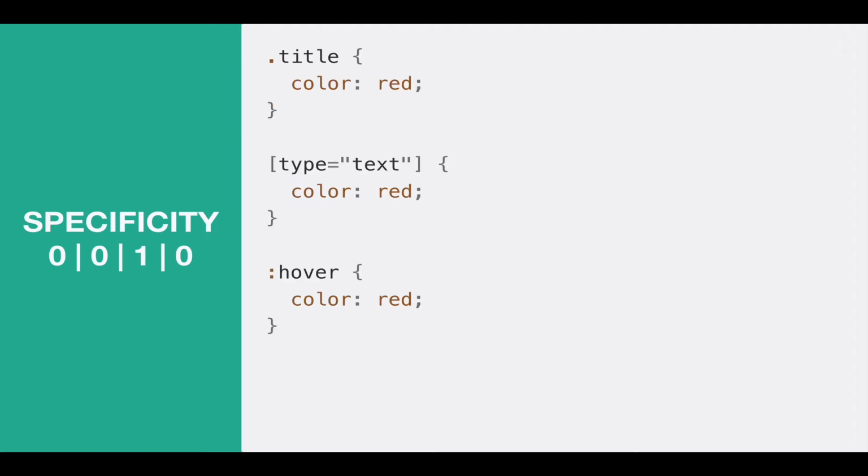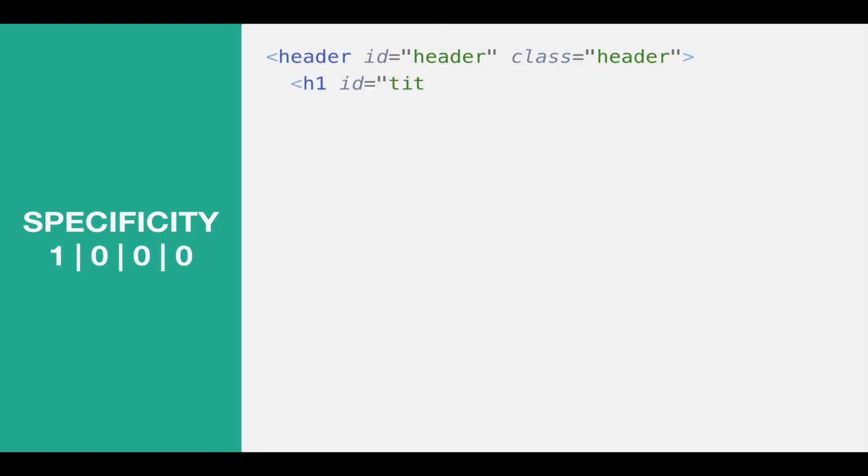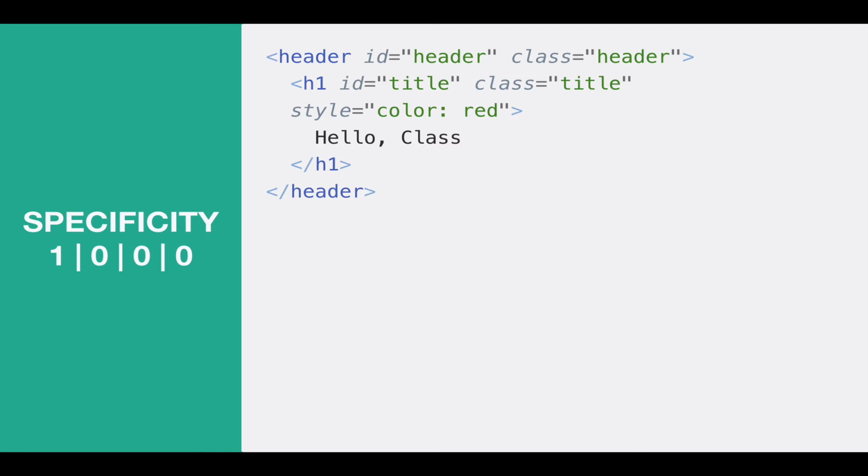When you have your class, your attributes, or your pseudo classes, they are in the next level up. IDs come into the next level. Again, these are 1. And of course, your inline styles will get up into the last level. All right? So this is how we calculate specificity.